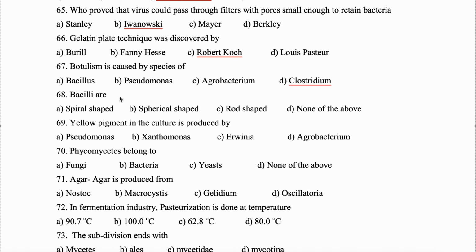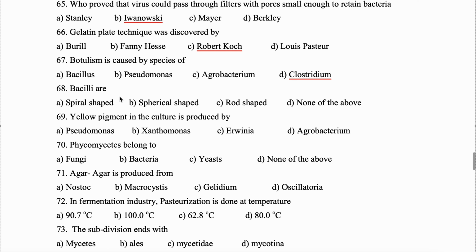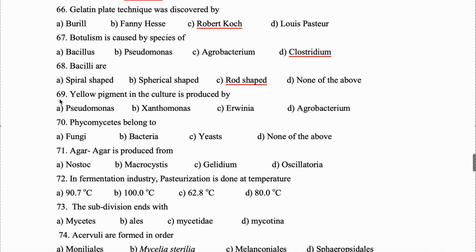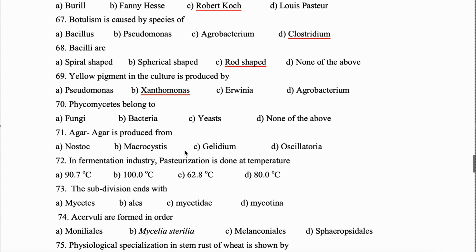Bacilli are rod shaped. Question 69. Yellow pigment in the culture is produced by Xanthomonas. We can see yellow pigmentation when we culture Xanthomonas in petri plates.